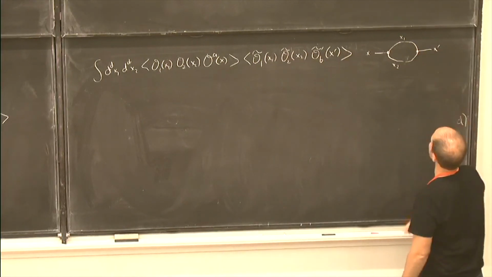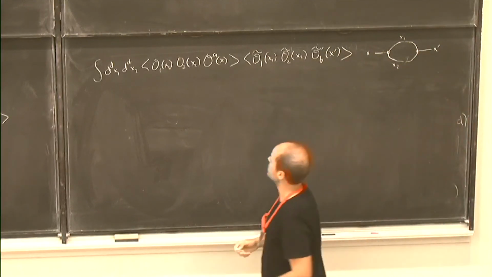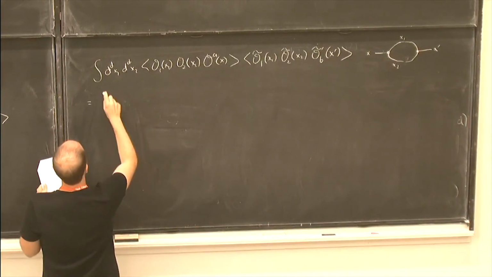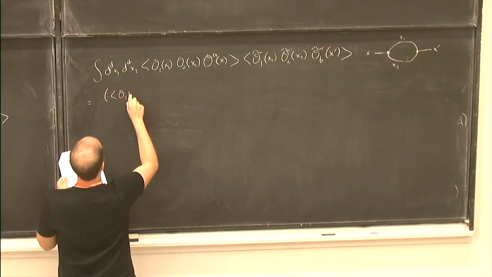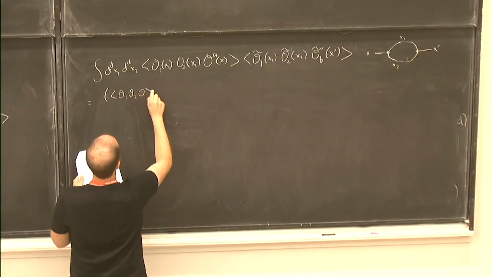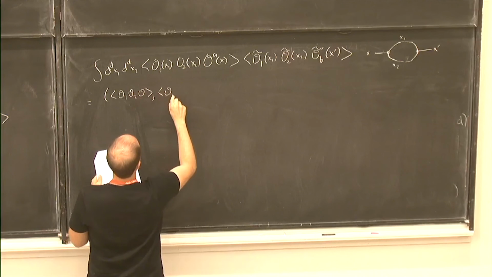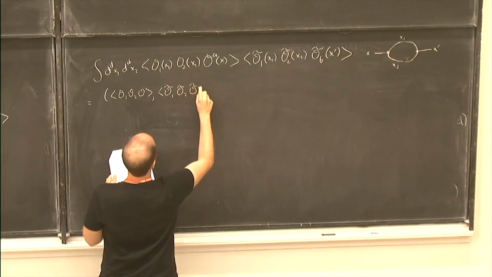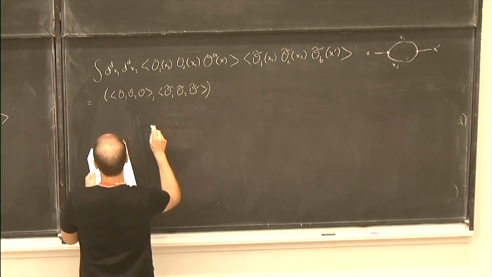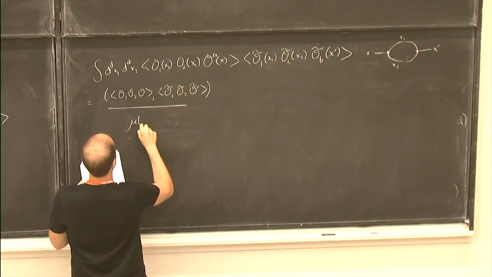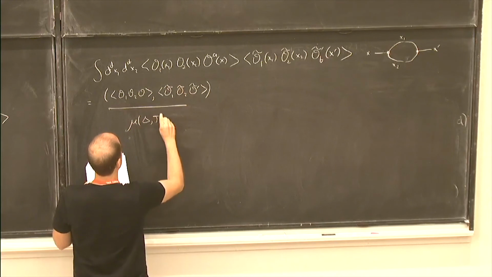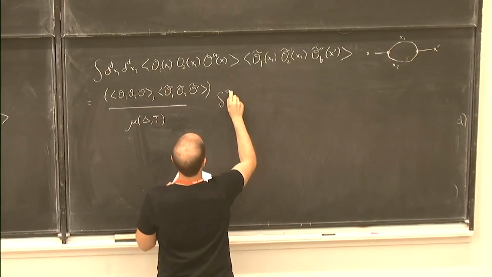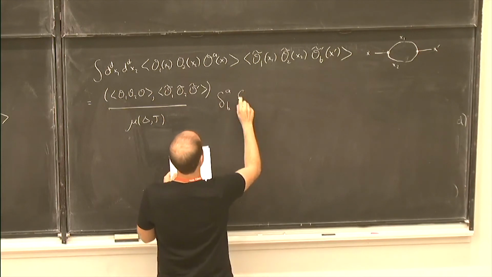And this is x prime. So that's why I'm calling it a bubble integral. It turns out that this is equal to our 3-point pairing divided by the Plancherel measure times a bunch of delta functions, delta of everything.